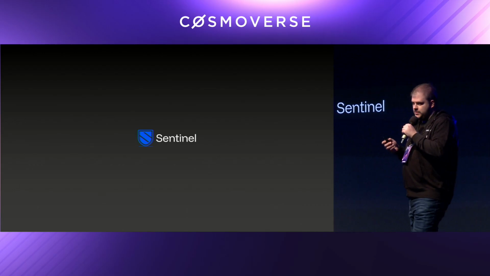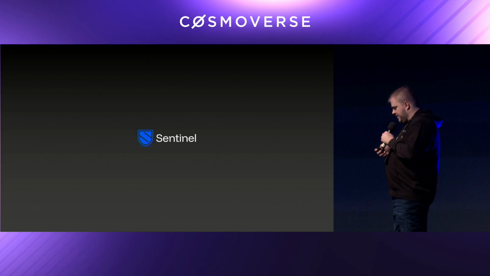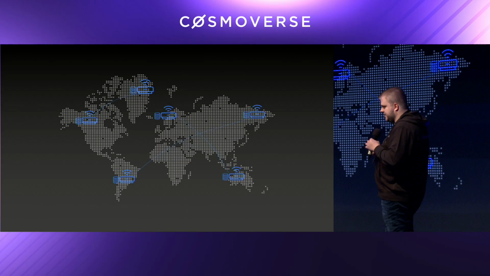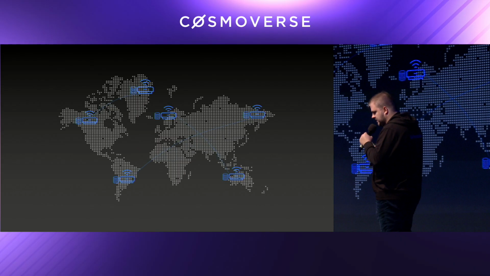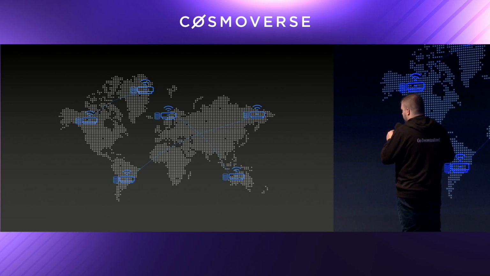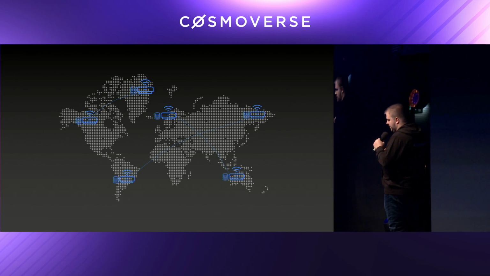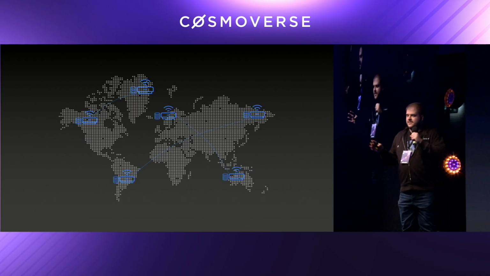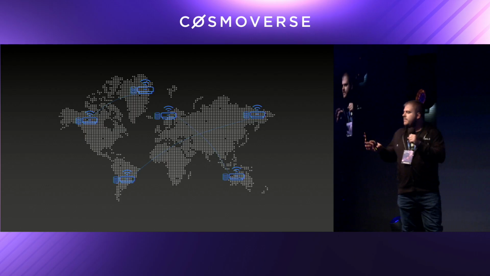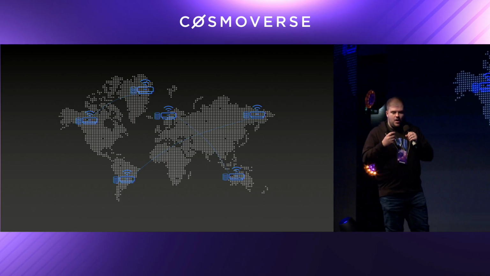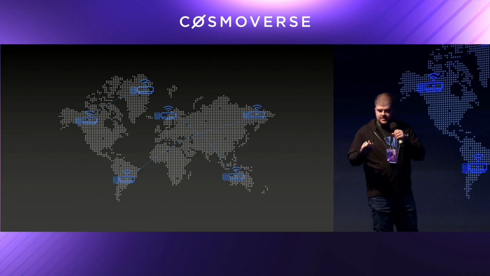So for those who don't know what Sentinel is, I'll briefly explain. Sentinel is a decentralized network of dVPN nodes. Anyone in the world can spin up their own dVPN server, dVPN node, on their web server, on their home PC, or even a mobile device, and offer their bandwidth for others to use.